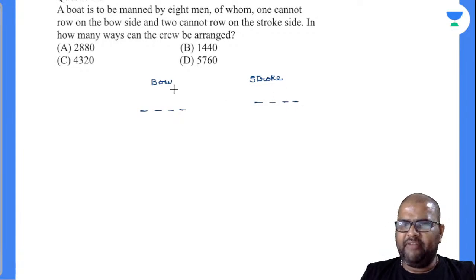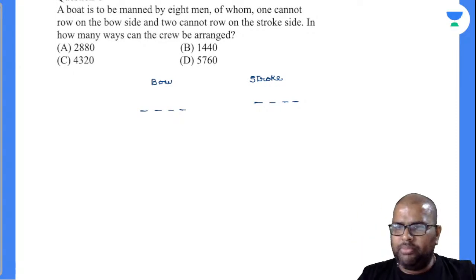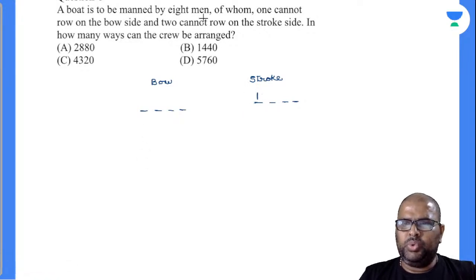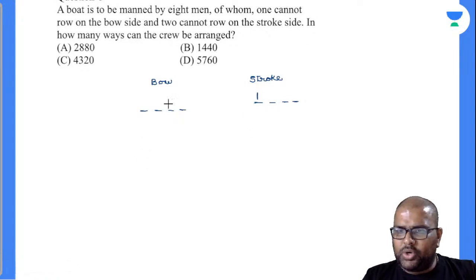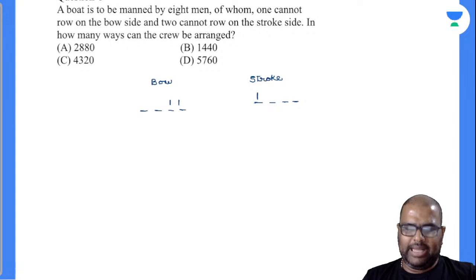The person who cannot row on bow side should surely be on stroke side. Now, 2 cannot row on stroke side. The persons who cannot row on stroke side should surely be on bow side only. In how many ways can the crew be arranged?